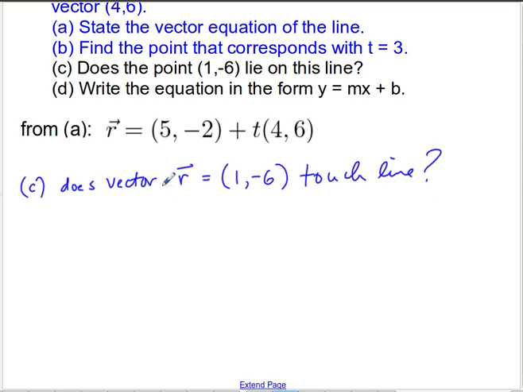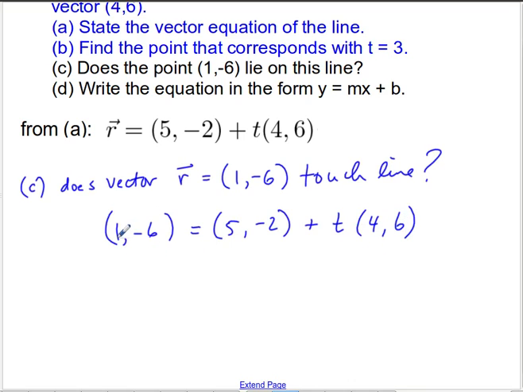If we go from the origin to this point, does that vector satisfy this equation? So we say 1, negative 6 equals 5, negative 2 plus t times 4, 6. And now I have to solve this equation.